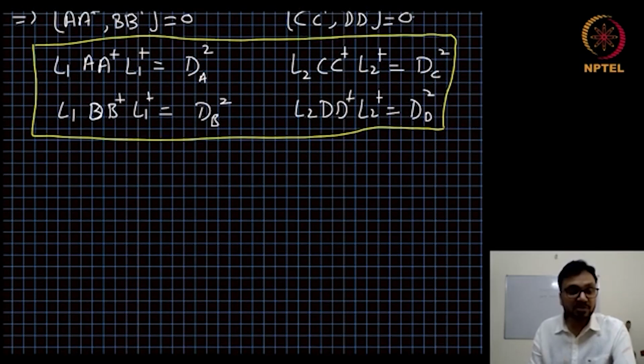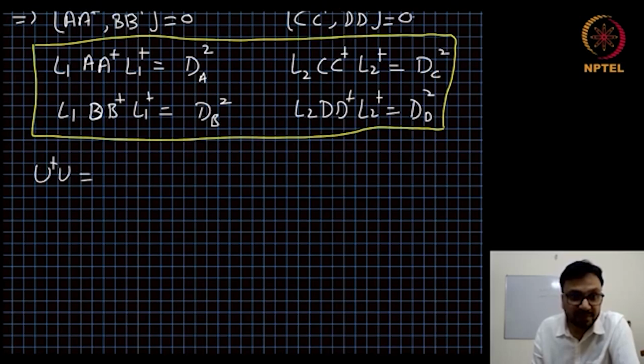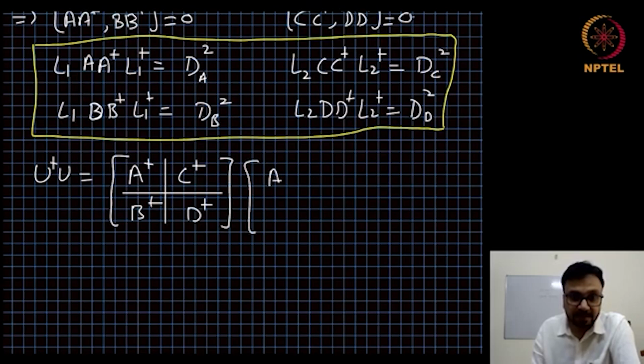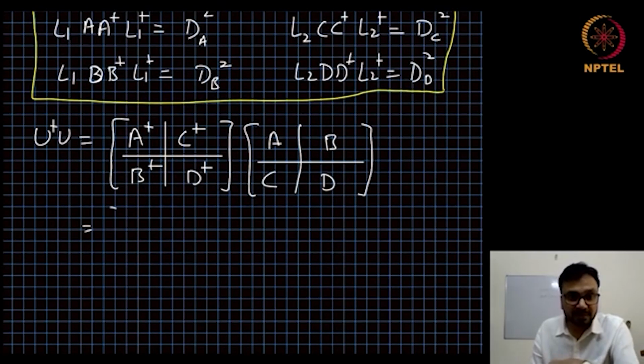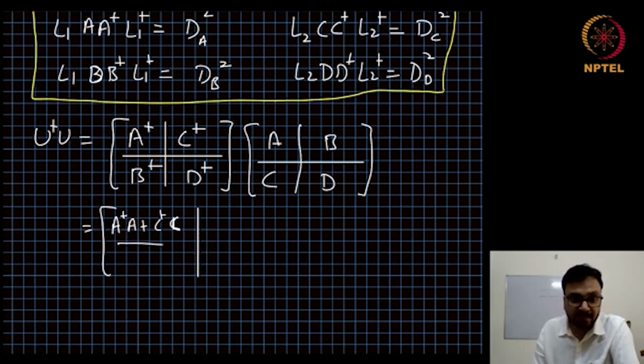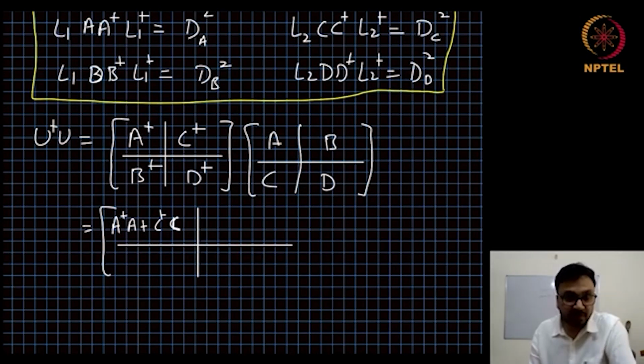So till now, we just used U U dagger. If we use U dagger U equals identity, that will be A dagger, C dagger, B dagger, D dagger times A, B, C, D. It becomes A dagger A plus C dagger C. We don't care about the off diagonal terms.